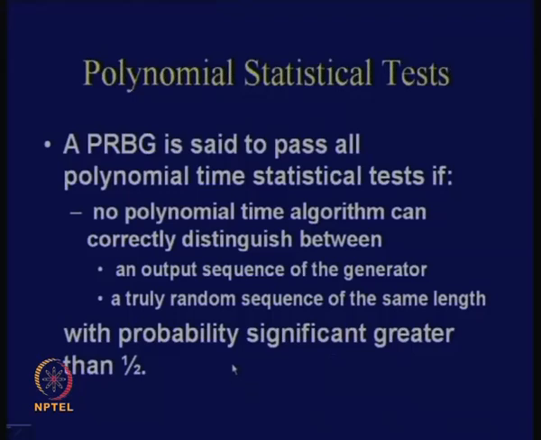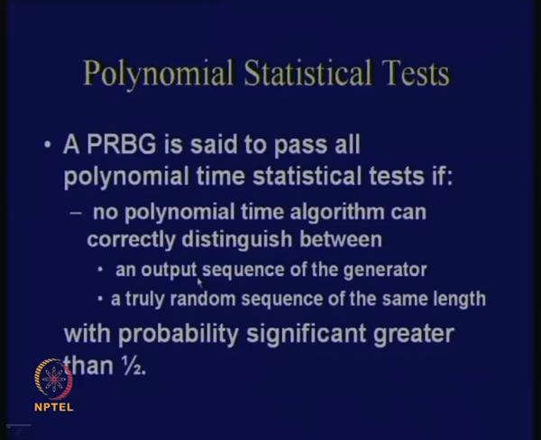So in a random case, for example, if I just tell you to distinguish this from this, what is the probability? If you are not given any information, it's half. If you are able to do this with a probability significantly greater than half, then it means that this output sequence generator is really not a pseudorandom bit generator.